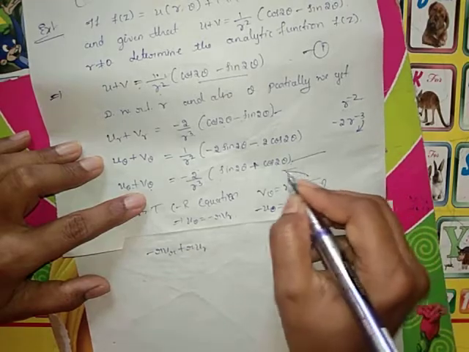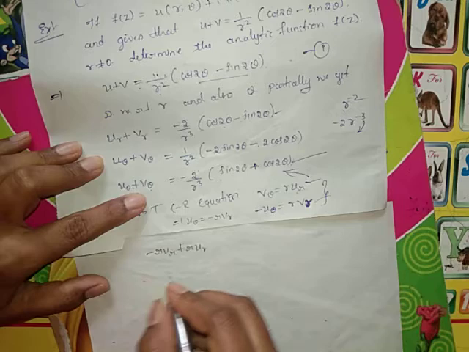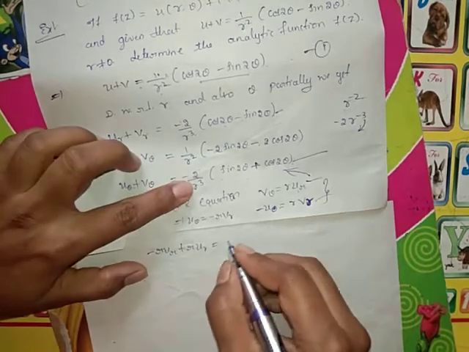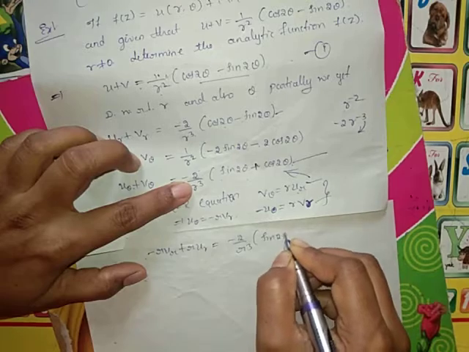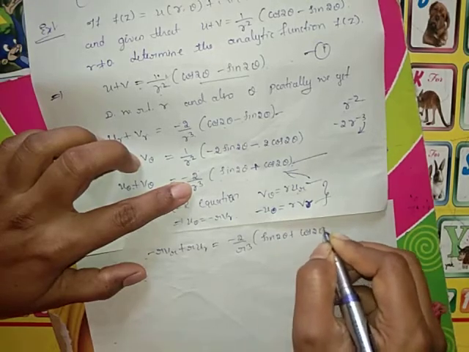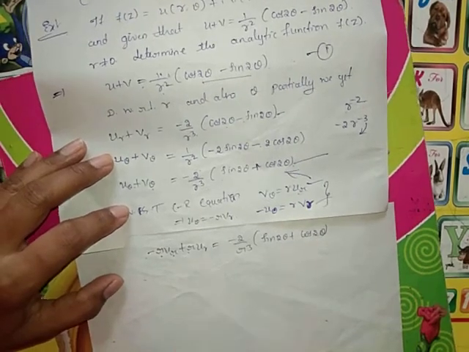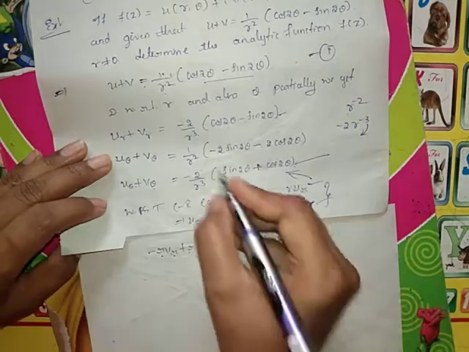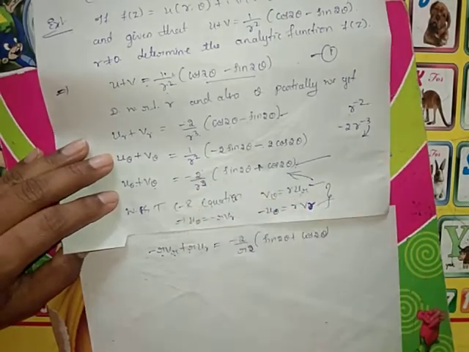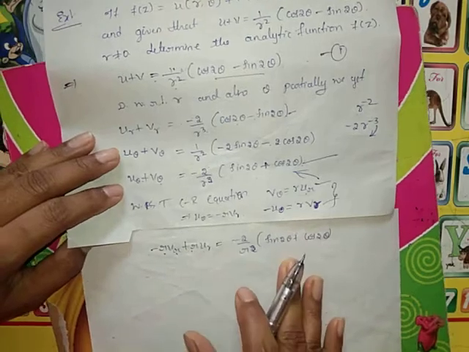Substitute the CR equation in this equation. Now it becomes minus 2 by r cube into sin 2 theta plus cos 2 theta is equal to minus r vr plus r ur.